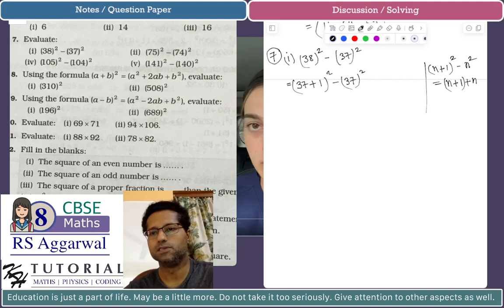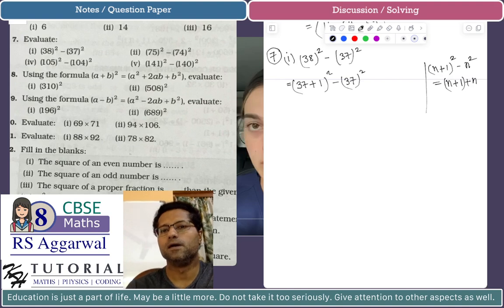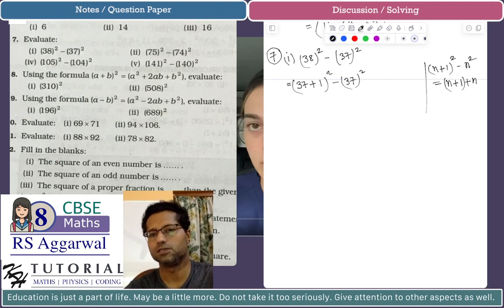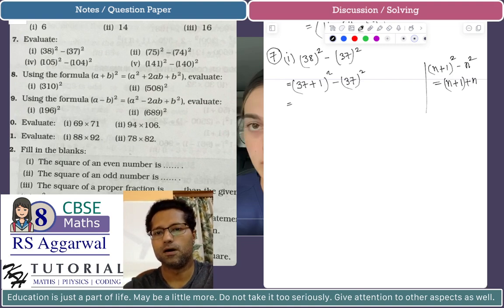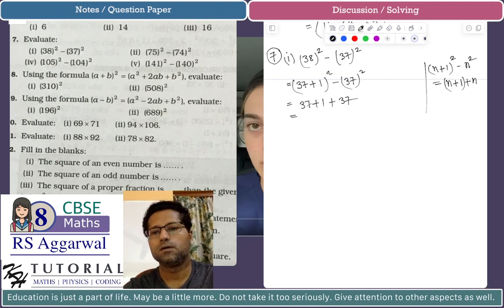Now, basically you have to just express 38 as 37 plus 1. So this is 37 plus 1 whole square minus 37 square. This will be 37 plus 1 plus 37, which is nothing but 2n plus 1.